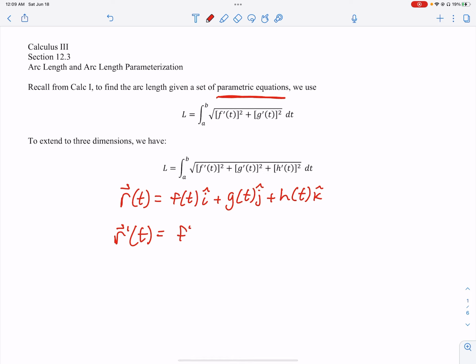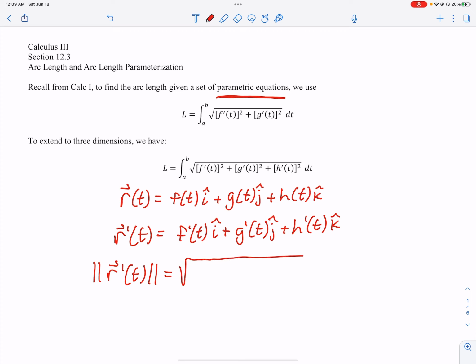We just take the derivative of the f function for i, the derivative of g for j, and of h for k. Then, if I take the magnitude, the length of this function, that's taking the square root of f prime of t squared, plus g prime of t squared, plus h prime of t squared. And most of you are probably already noticing what I was doing here. That's exactly what's in our integrand.